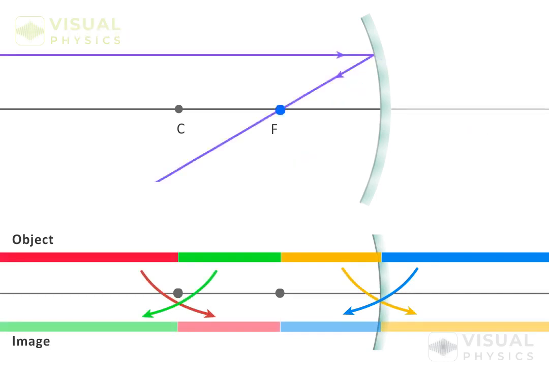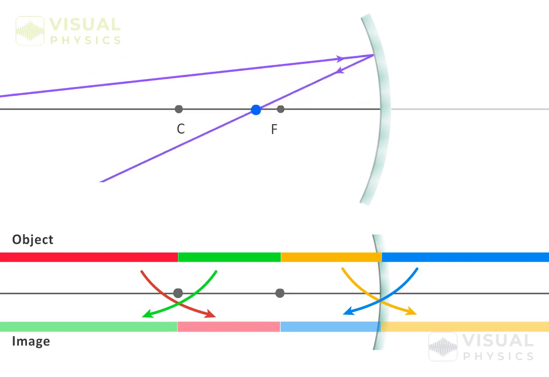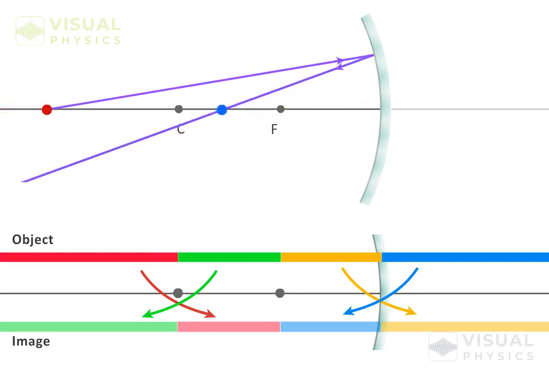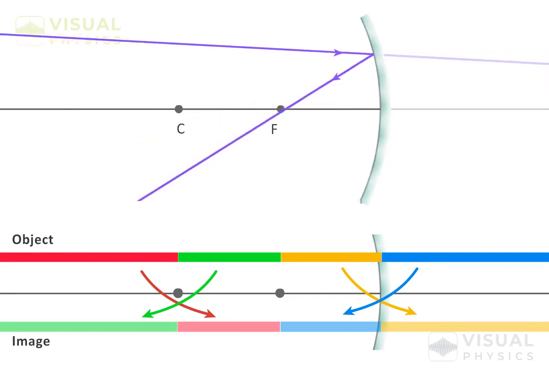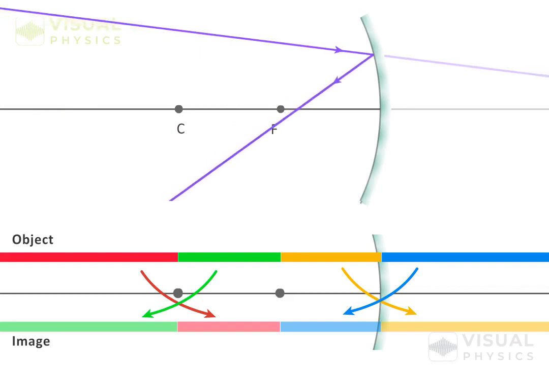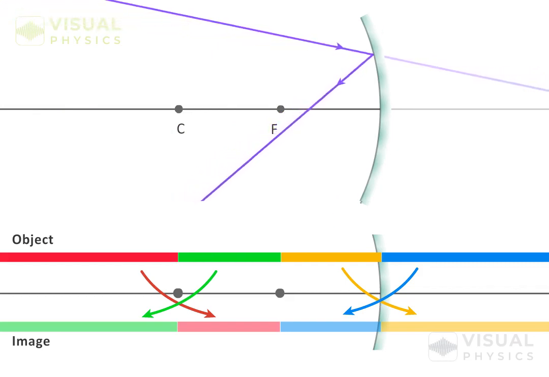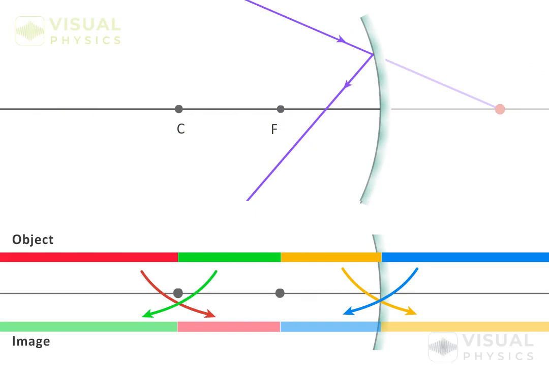Note that if we start with the parallel rays from the object at infinity and make the rays diverging, then the object is real. If we make the rays converging, then the object is virtual.